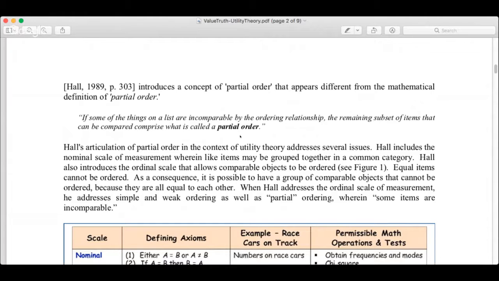So it seems that what you really need is an idea of things that are comparable and things that are orderable. Things that you can compare and put in an order, that's one group, and things that you can compare that you can't put in an order because they're equal to each other, that's a different group.